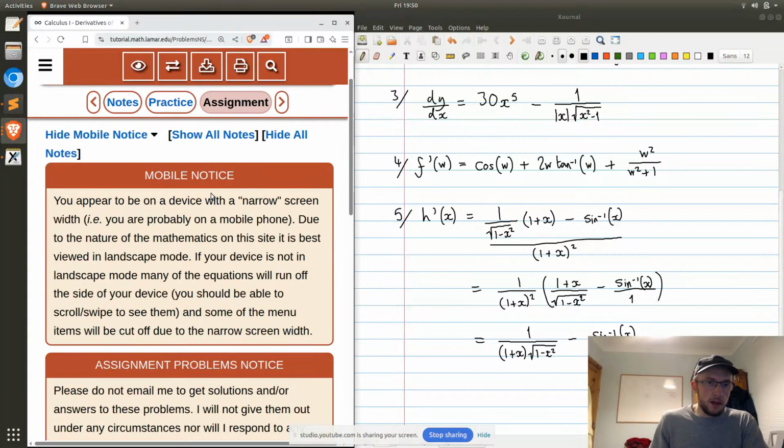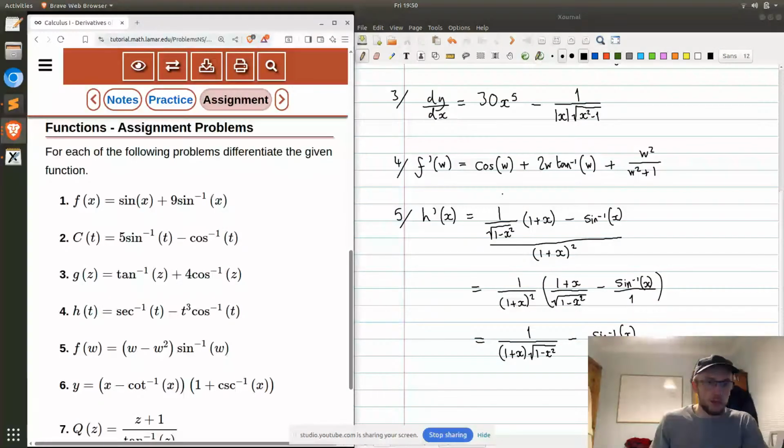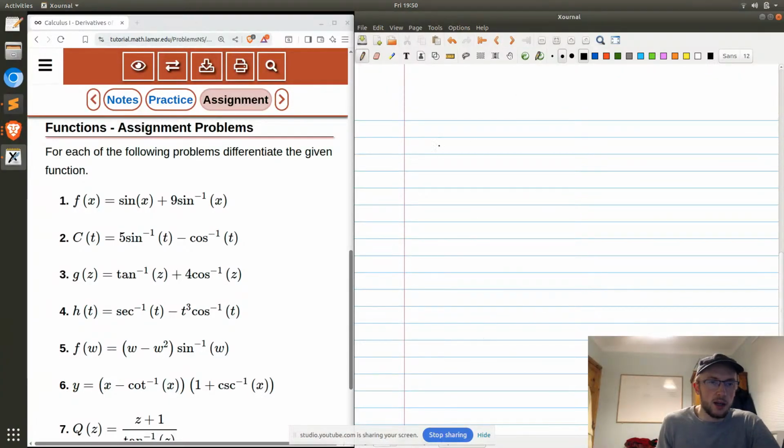So, because there were so few, I do feel the need to do just a few others here from the assignment section, although I do recognize that I won't be able to check these.